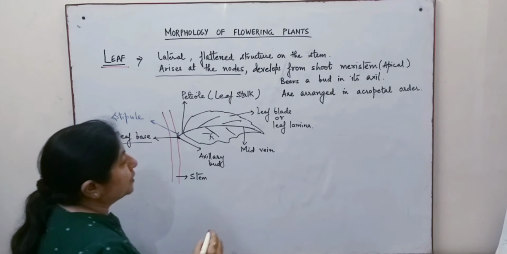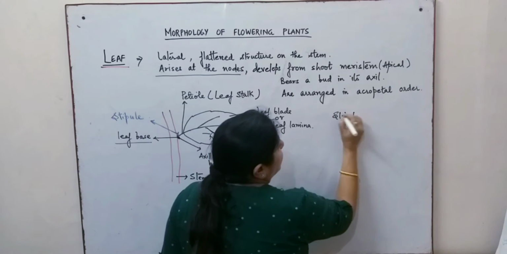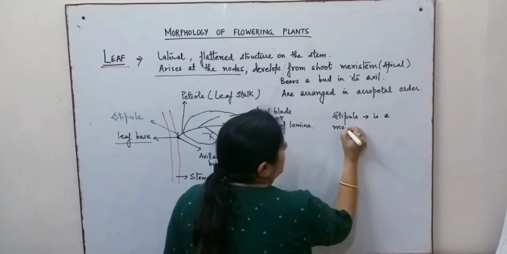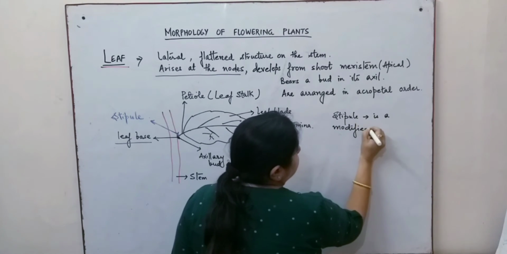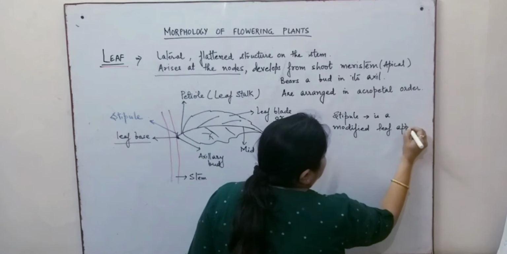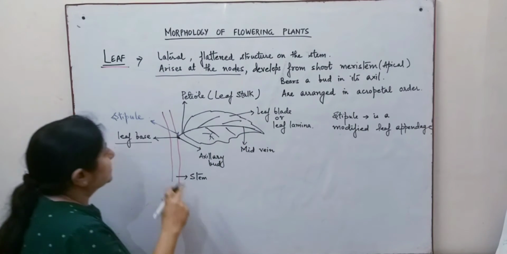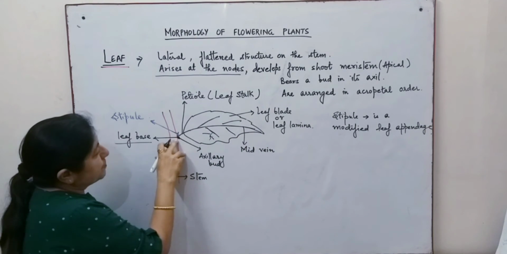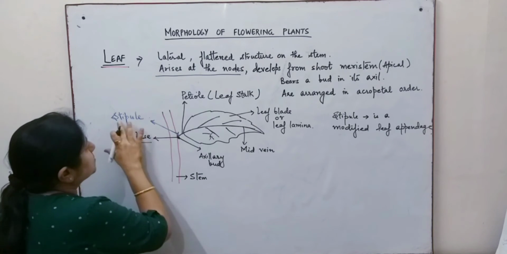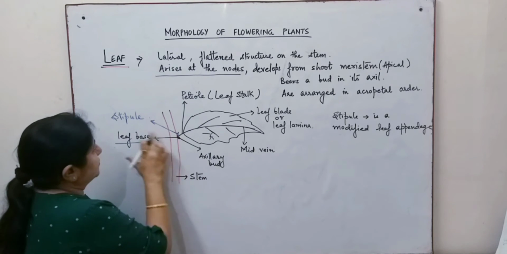The stipule is a modified leaf appendage, and this may be present towards the leaf base. It is not necessary that all the leaves will have it, but when we are talking of the general structure, a leaf may have the stipule.